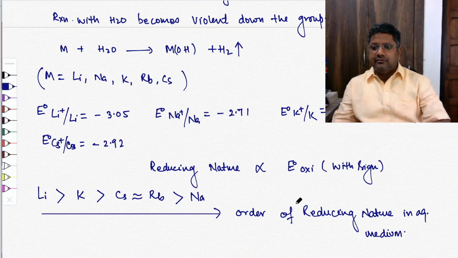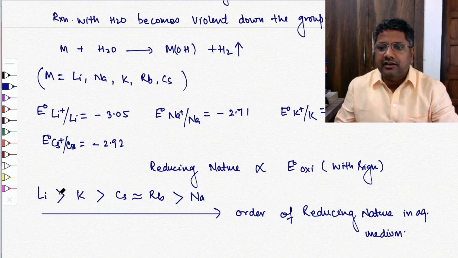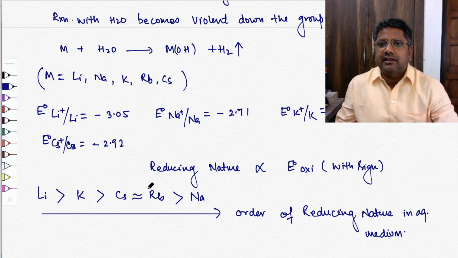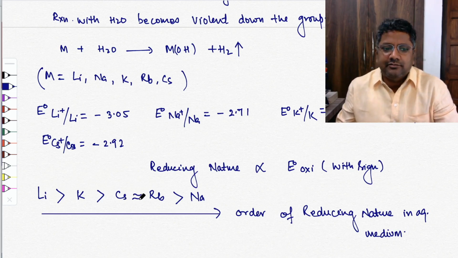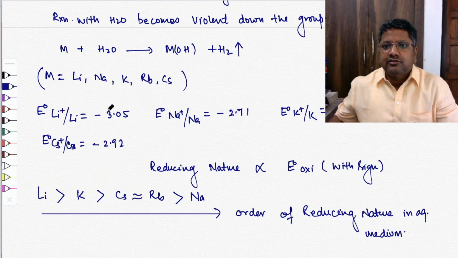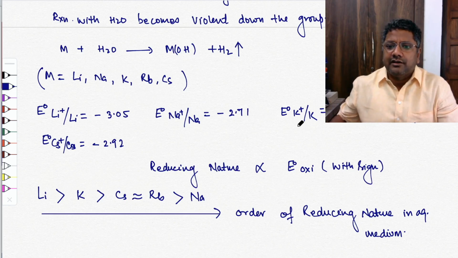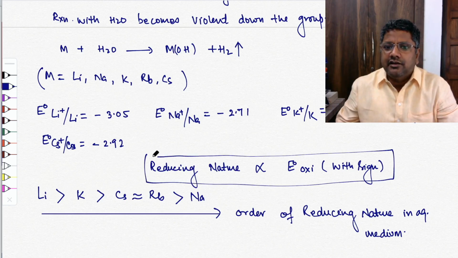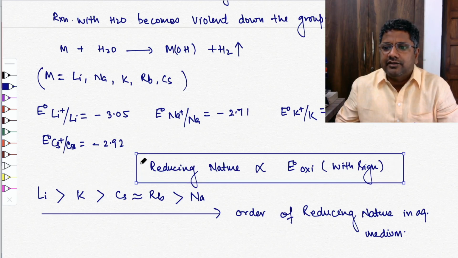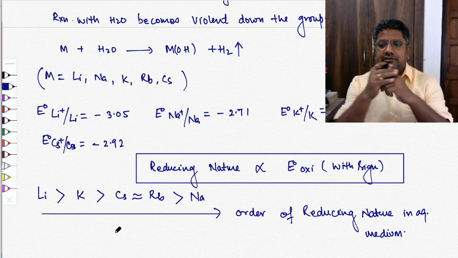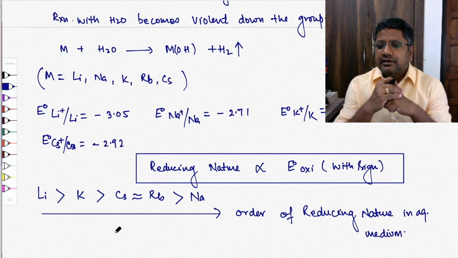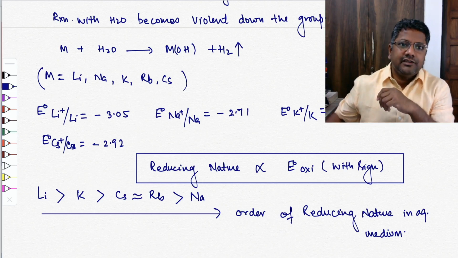In aqueous medium lithium is the best reducing agent, but in gaseous phase cesium is the best reducing agent. So this is the application of E naught value. By using this E naught value, you can decide which one is the better reducing agent. Hopefully it is clear to all of you, right?